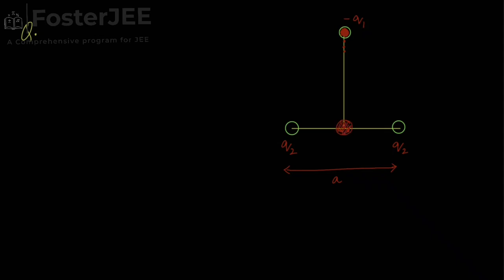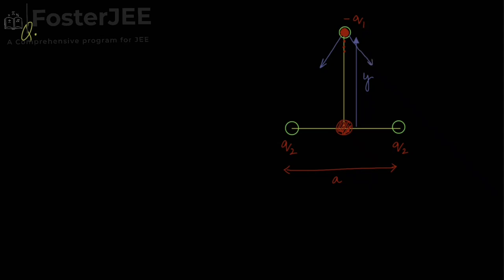Now there are two ways of doing this, as we have studied. First is by Coulomb's law. Initially, by Coulomb's law, we will let this charge be at a general distance y. So we will draw the free body diagram of this charge and write up the forces.